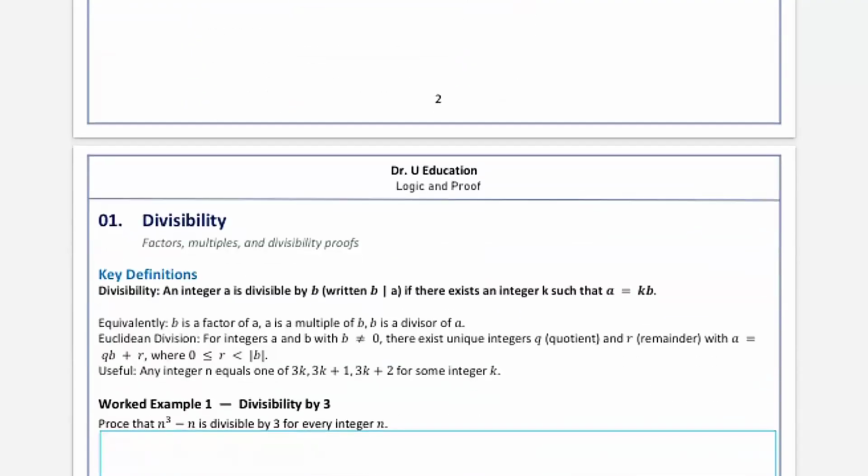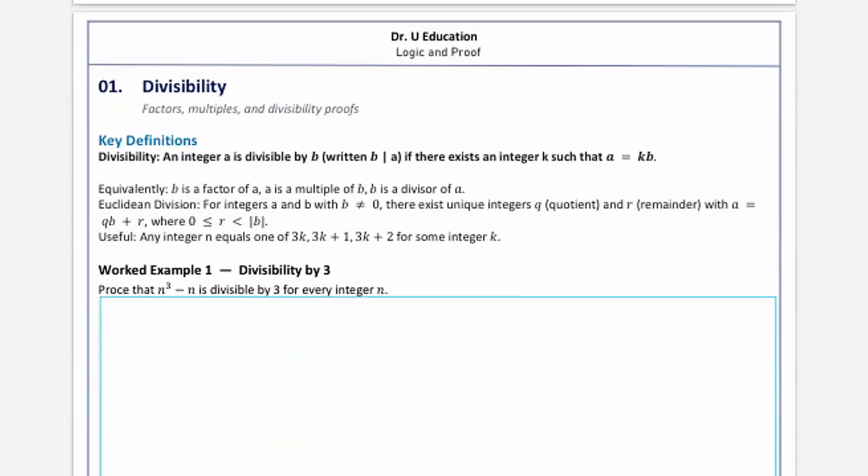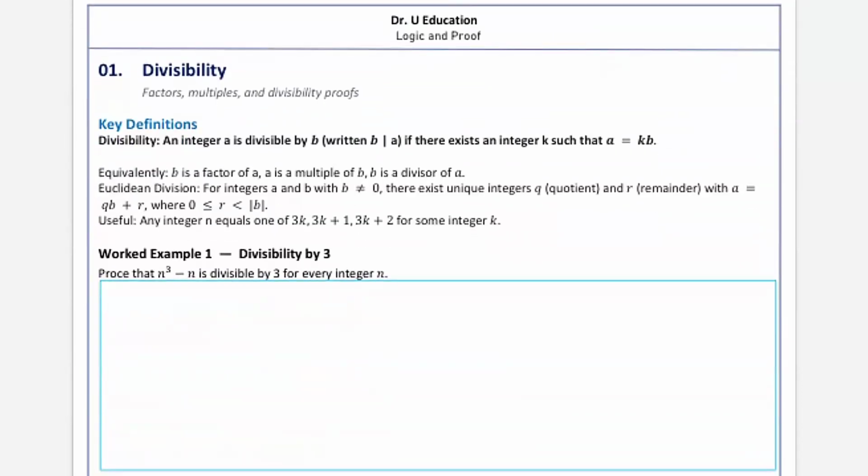So now let's go into the divisibility story, right? So we have to prove this expression is divisible by a number, right? I categorized some pathways of doing it, but I'm going to show you this example number 1, and then you will understand how to use these instructions.